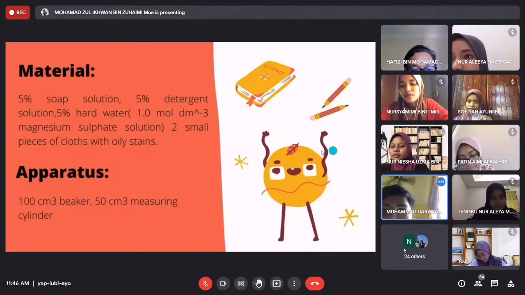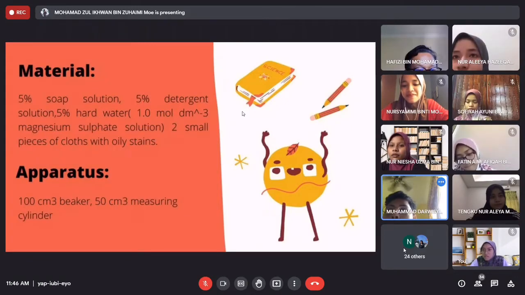Material: 5% soap solution, 5% detergent solution, hard water which is 1.0 mol dm-3 magnesium sulfate solution, and 2 small pieces of cloth with oily stains. Apparatus: 100 cm3 beaker and 50 cm3 measuring cylinder.